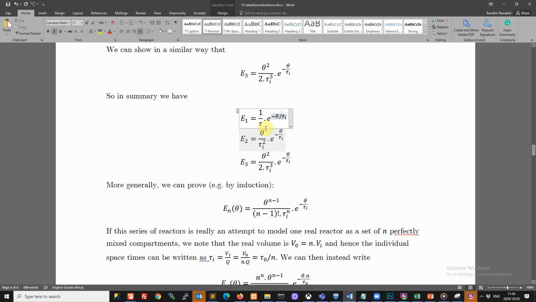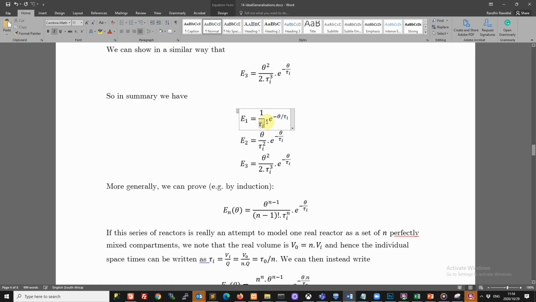And then you've got, and this should be a tau I, 1 over tau I, 1 over tau I squared, 1 over tau I cubed. So this is tau I to the n. And then you can see that factorial term also starting to emerge here. So that's what we can write for the nth tank in a series, right? It has this general formula.